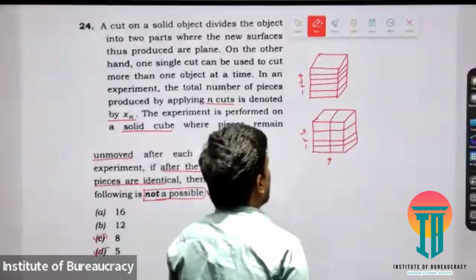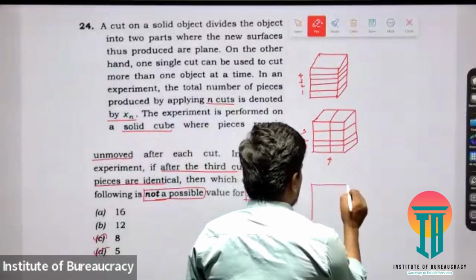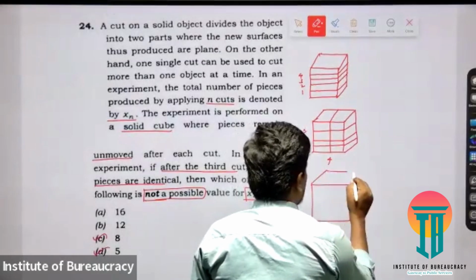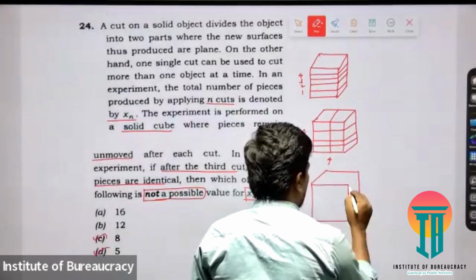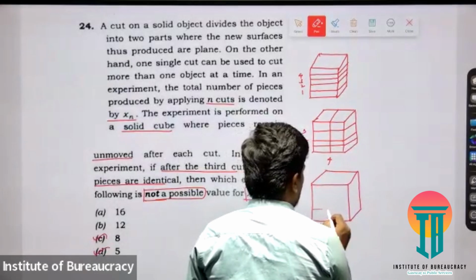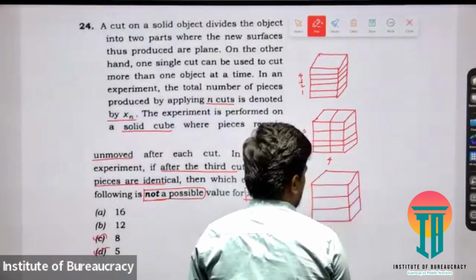Is there a possibility to get 12 pieces? 12 pieces. Just some try. We'll get 12 pieces also, I guess. So this is going to be one, two, I mean, two cuts.